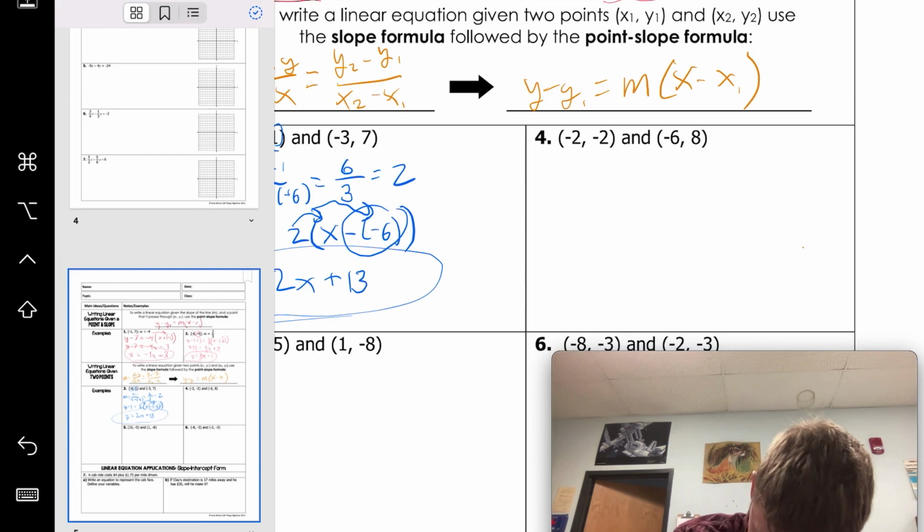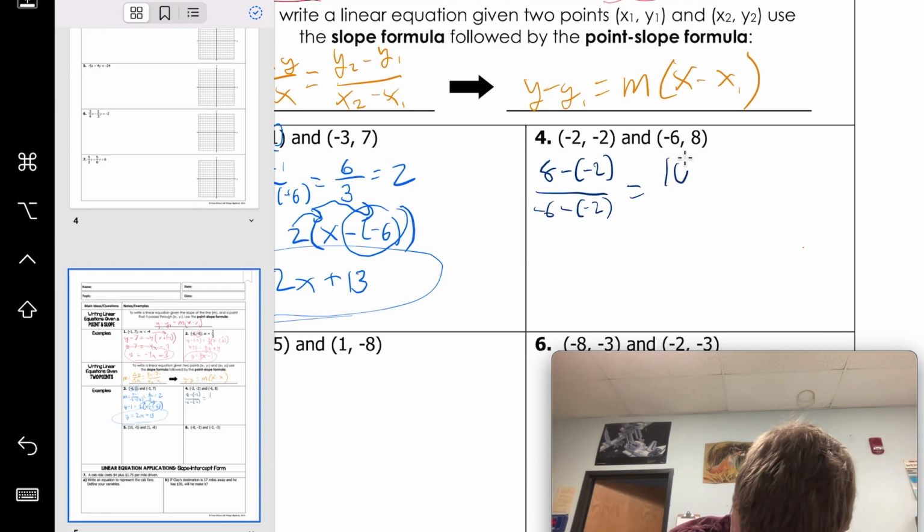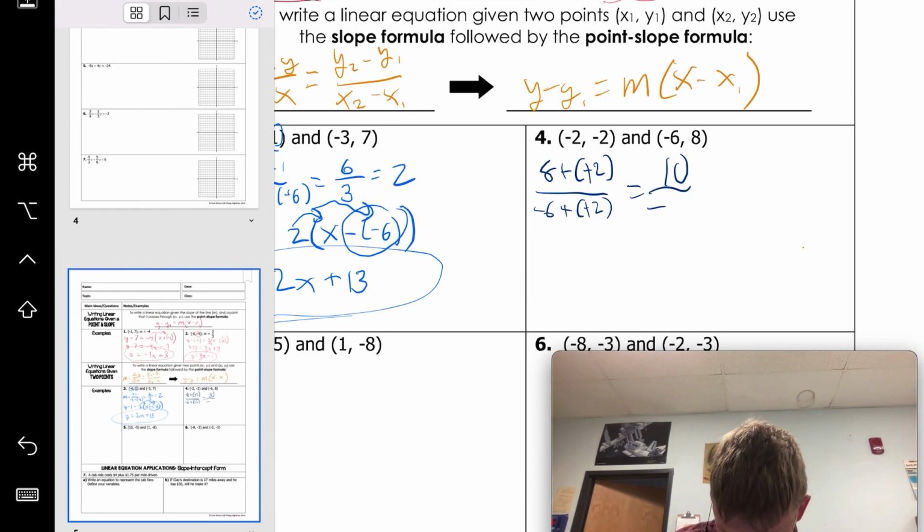So y's on top, 8 minus a -2 over -6 minus a -2, which equals 10 over a -4, which is also equal to -5/2. Kind of a nasty slope, but whatever. Don't drop your negative signs.